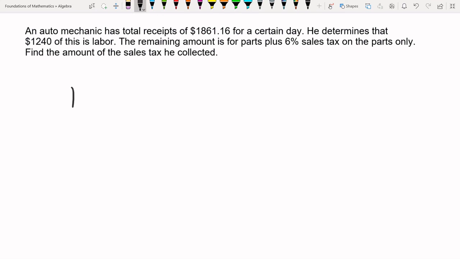So his total receipts equal $1861.16. That's how much he, I guess, billed the client, I guess? I'm not sure. Or billed clients in general. So we know that this breakdown, the first thing this breaks down into is labor costs plus part costs.